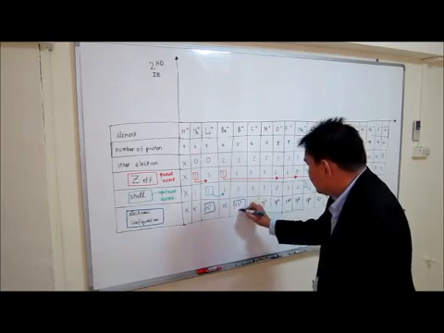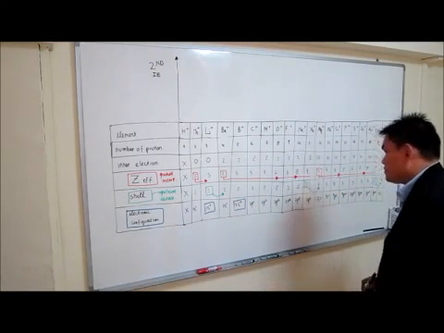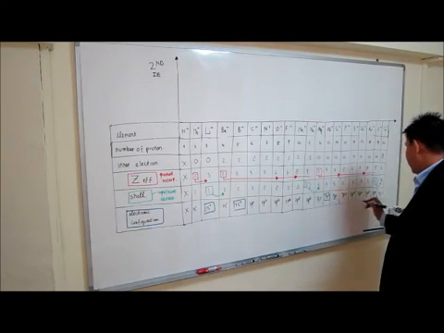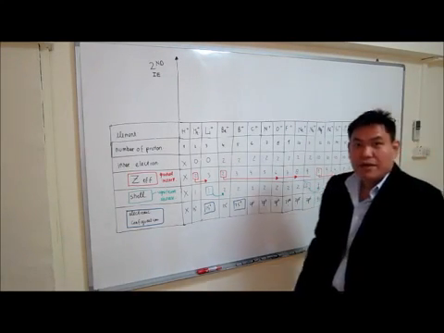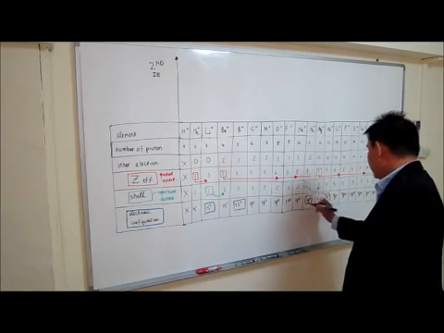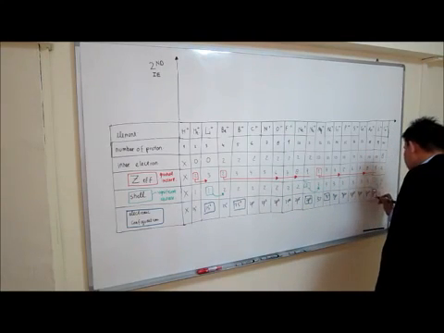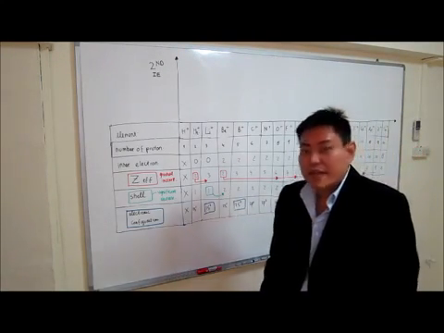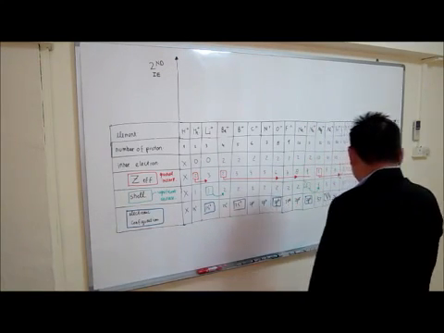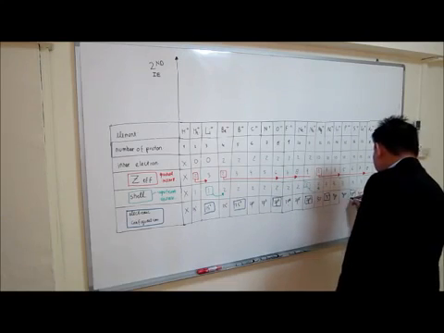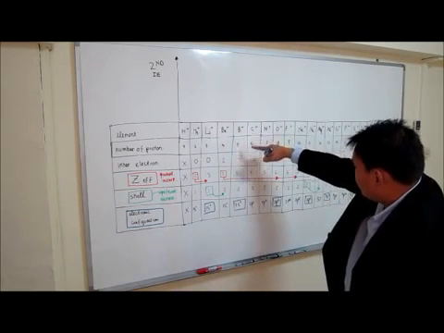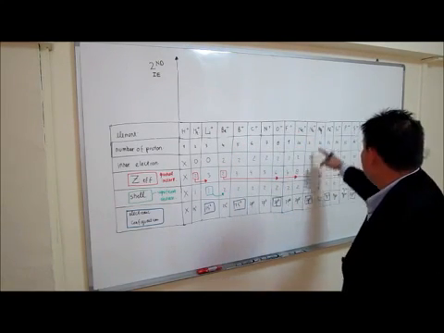Full s orbital, yes. So 1s2, 2s2, 3s2. Full p orbital, 2p6 and 3p6. How about half full p orbital? 2p3 and 3p3. So all these are stable. Li plus, boron plus, O plus, Na plus, and so on.